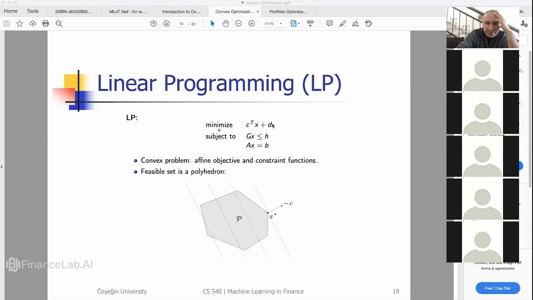So as you see here, this was f0(x). If you remember, for a general convex problem, this was a convex f0(x) function.